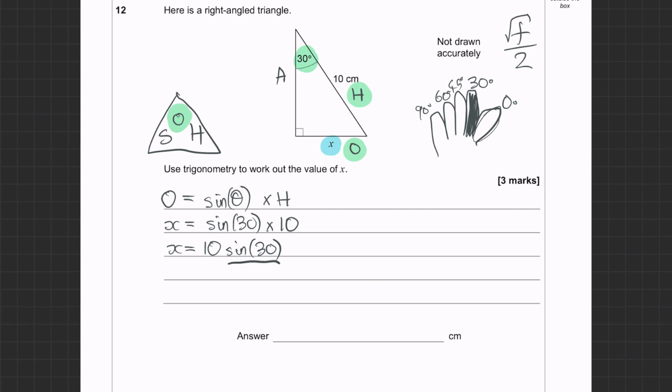So sine 30 is root 1 over 2, and root 1 is 1, so sine 30 is a half. So x equals 10 multiplied by a half, which means x just equals 5. So the answer is 5 centimetres.